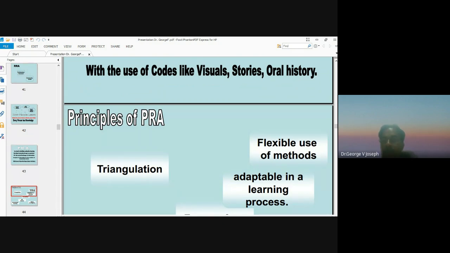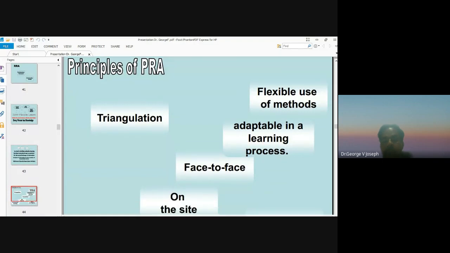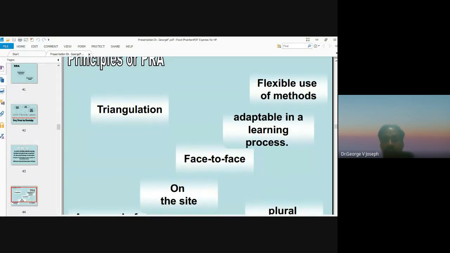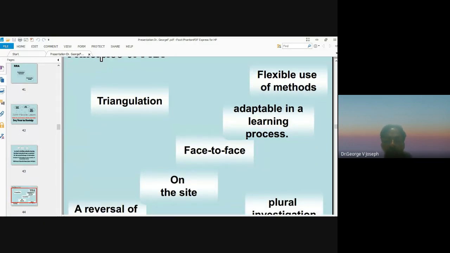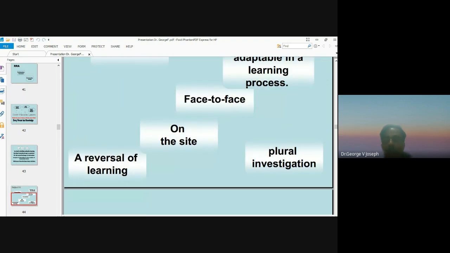If the information is received, it is not necessary that you have to use it all, you can also adapt. And this is a process normally done through face-to-face interaction, and it is done on the site itself. Then there is the reversal of learning. Basically people think that there are experts who understand better.